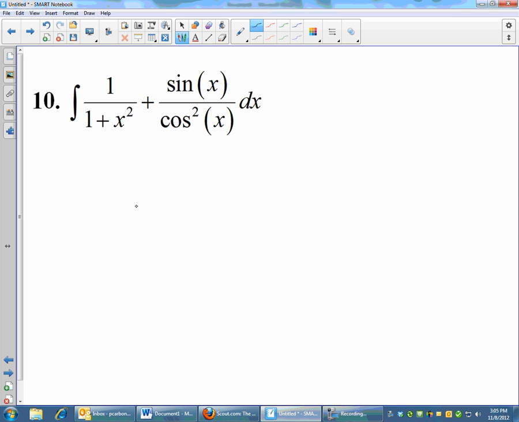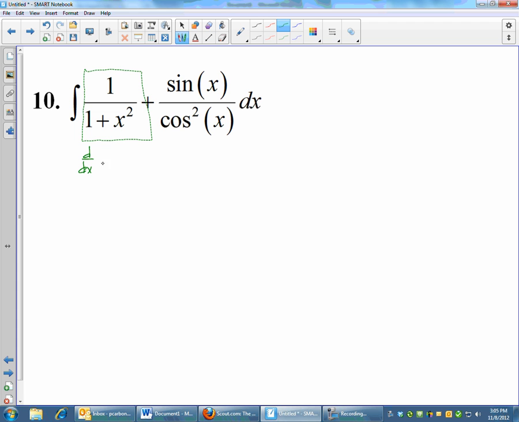All right, last one. 1 over 1 plus x squared plus sine x over cosine squared x. Now this is brutal, right? This just looks absolutely painful. And especially this sine over cosine squared, that is going to be painful. But this is beautiful. I love that antiderivative because I see that, and you know what I'm thinking?